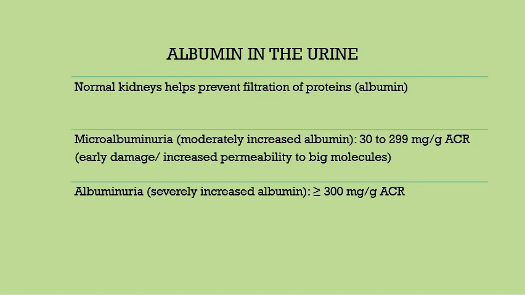And if you have that, that means that you have early damage to the kidney from diabetes. Now, when this level is above 300 milligrams per gram, it is called albuminuria, and that basically indicates a more severe level of kidney damage.